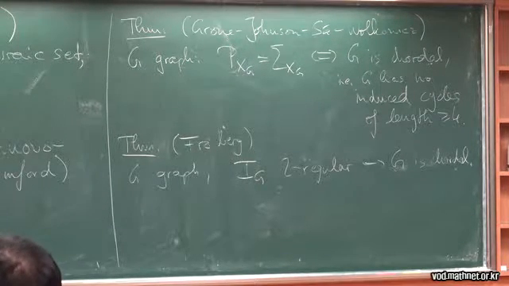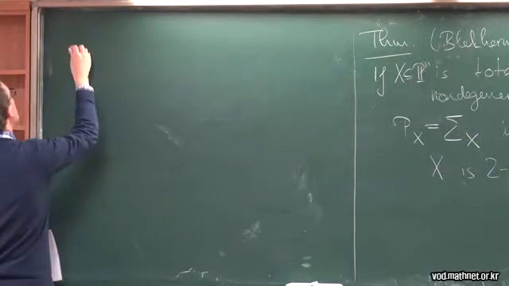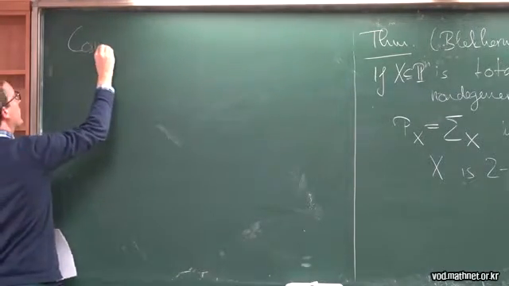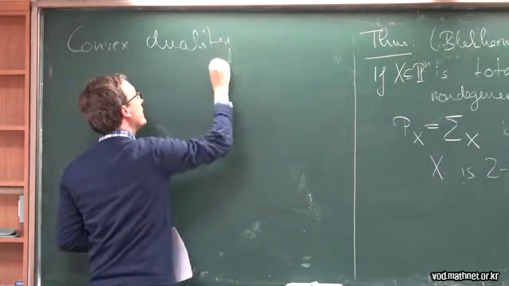Okay, so my goal today is at least to give you a hint of how you go from such a condition to the free resolution. So how these things are related. One of the main steps is convex duality that Greg explained briefly in his talk.